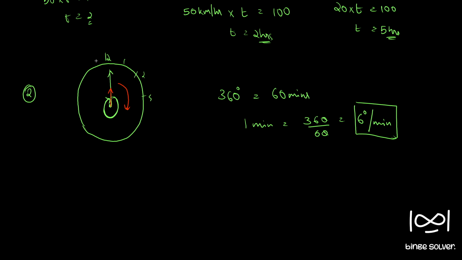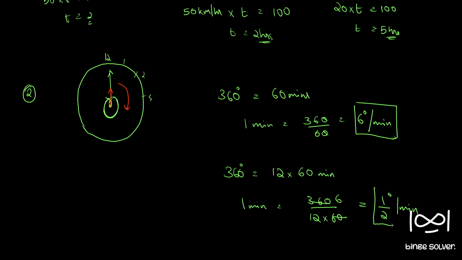It takes 12 hours to cover 360 degrees, which is 12 into 60 minutes. So in 1 minute, it travels 360 by 12 into 60, or 1 by 2 degrees per minute. This is the speed of the hour hand. This is the speed of the minute hand. This is the speed of the hour hand.